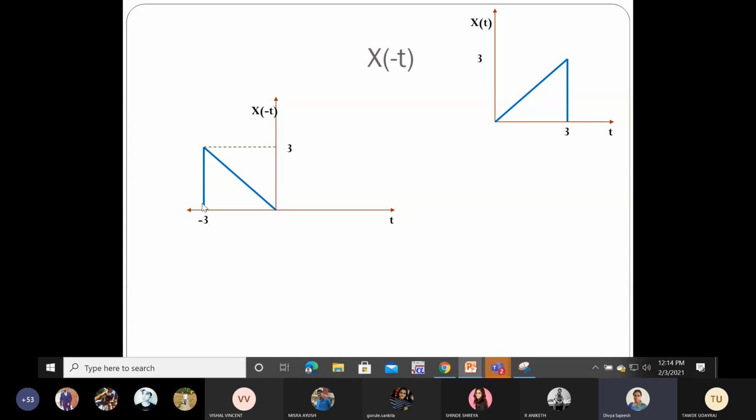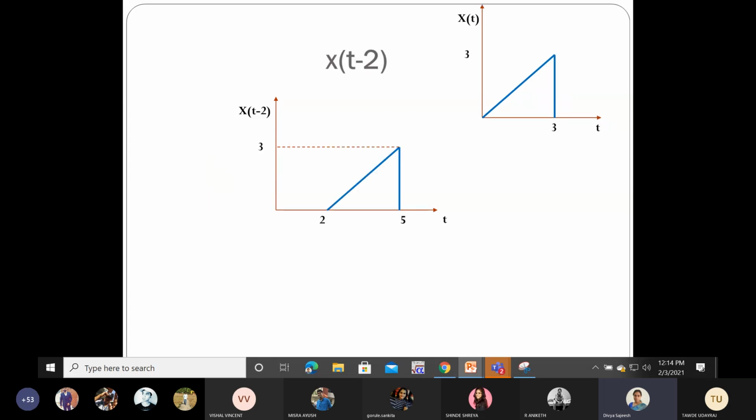Now let us see t minus 2. So this is your original signal. You have to delay it by 2 units. So first let it be here, then the second position.